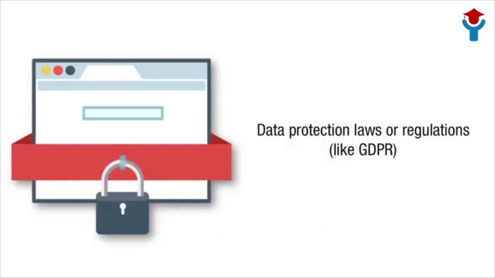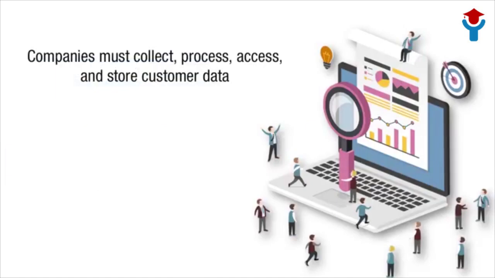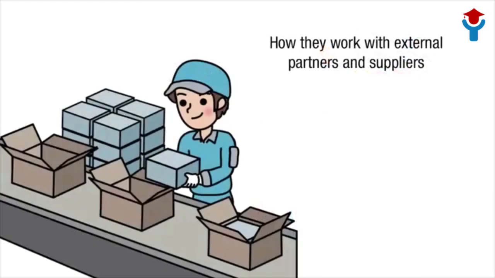Data protection laws or regulations, like GDPR, have changed how companies must collect, process, access, and store customer data, as well as how they work with external partners and suppliers.